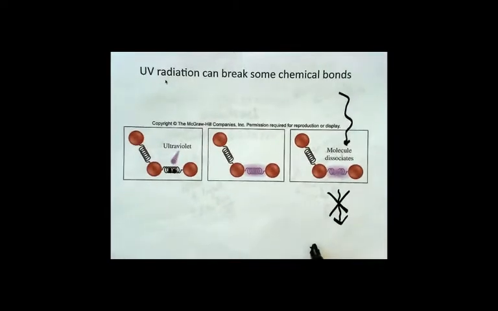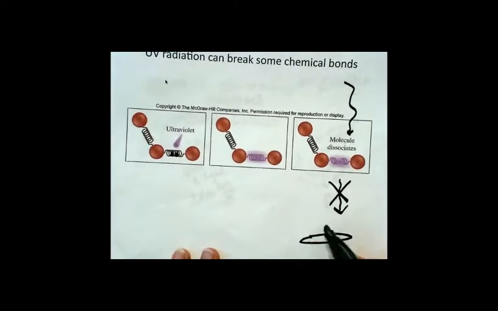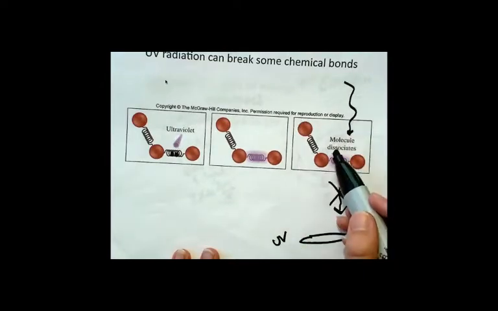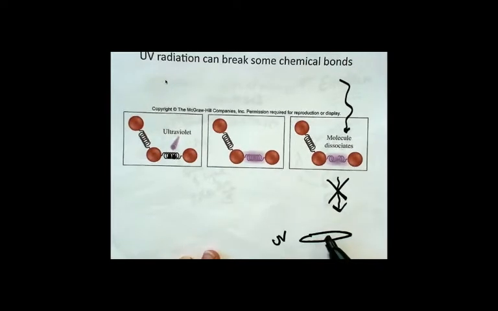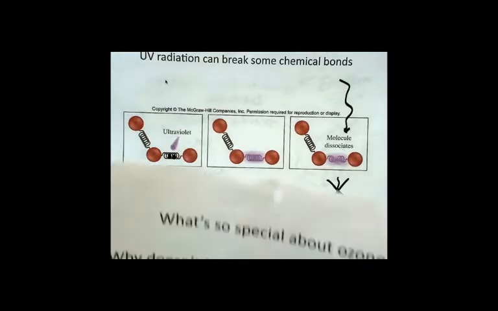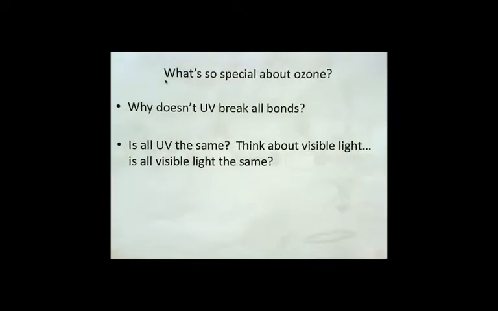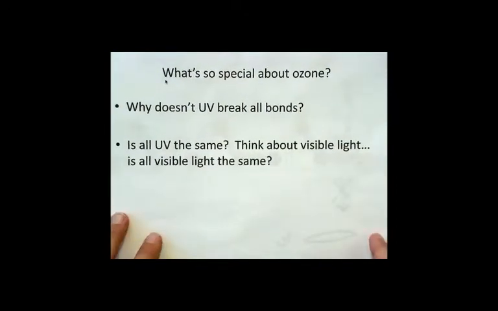So if you have a UV detector down here at the bottom, at the surface of the Earth, and you have more ozone molecules, they're going to absorb the UV, and less UV is going to make it to the surface. So that's what's happening to the ultraviolet radiation in the presence of ozone. So I just sort of answered my question. What's so special about ozone is that it's absorbing that ultraviolet radiation.